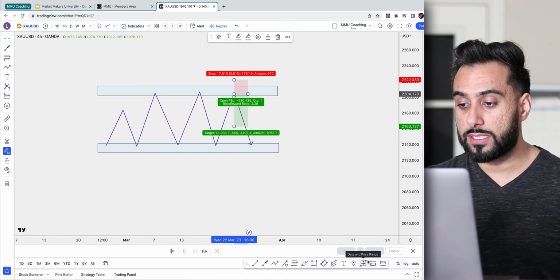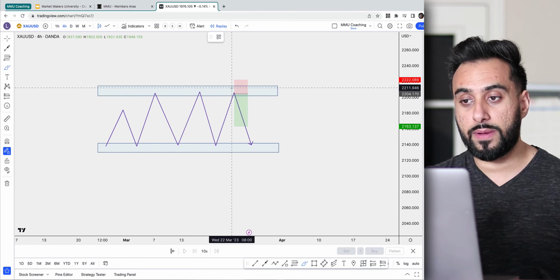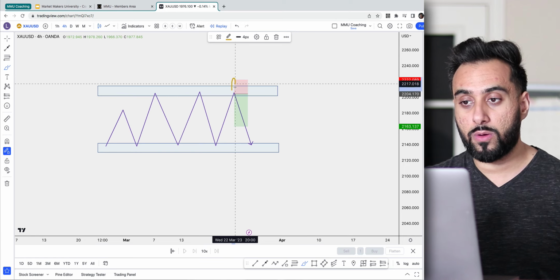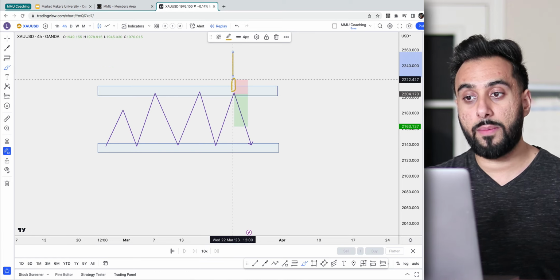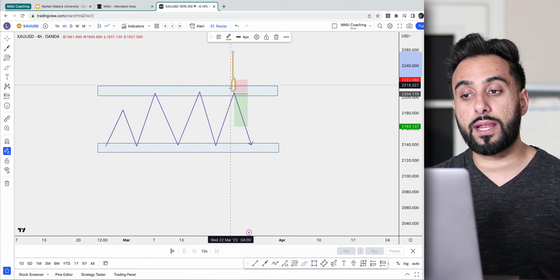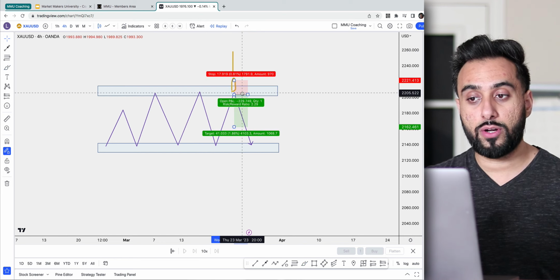If you see something like a shooting star, maybe once the price approaches up here, you see the candle and then you see the tail shooting at the very top. This shows a potential sign of reversal. And at this point, you could enter a sell.